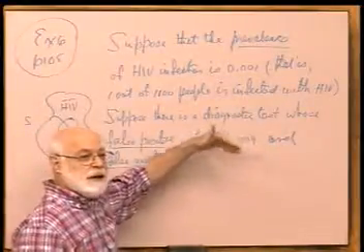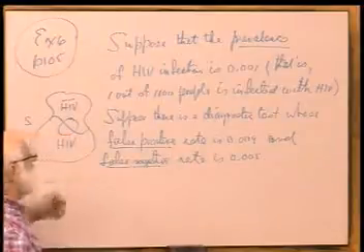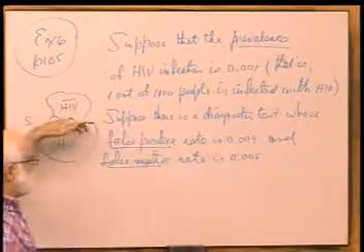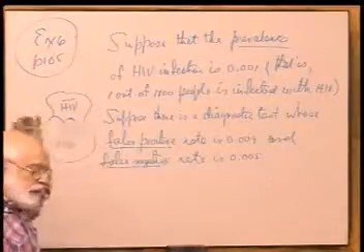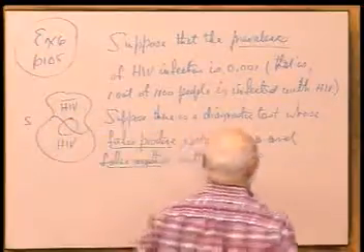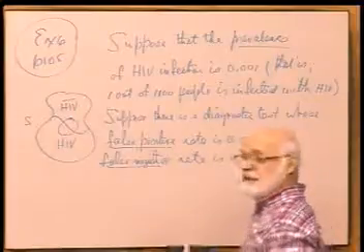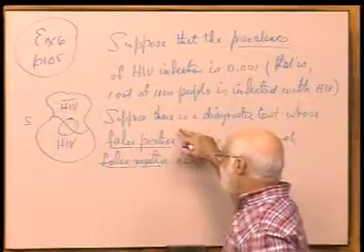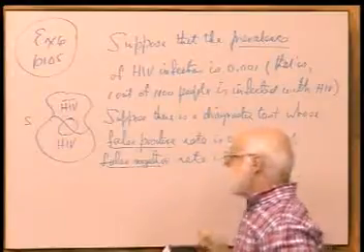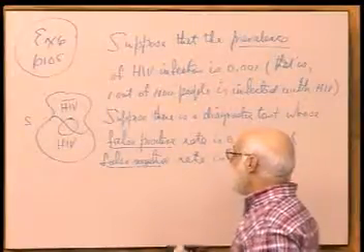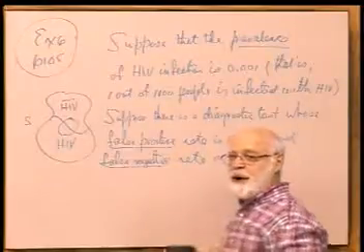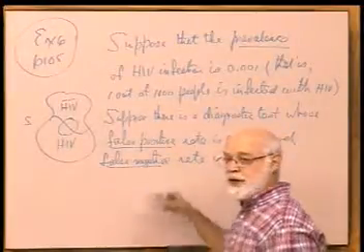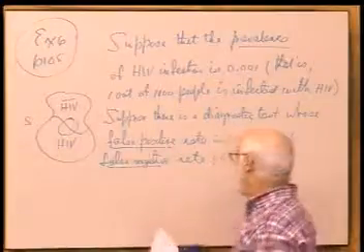They don't have to be different, but I made them different because one of the points that's going to come out of this is that in order for this idea to make sense when you talk about the accuracy of an HIV test, there are two kinds of errors. There's the false positive rate, which is the probability that the test will falsely be positive. In other words, it will say you're infected when you're not, and there's the false negative rate, which will say you're not infected when you are.